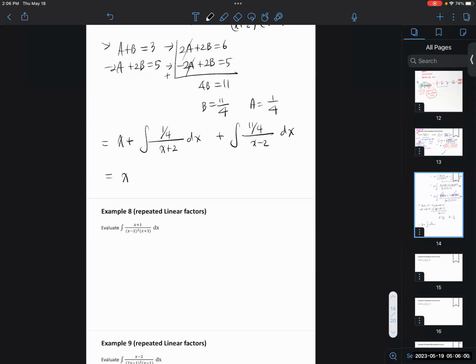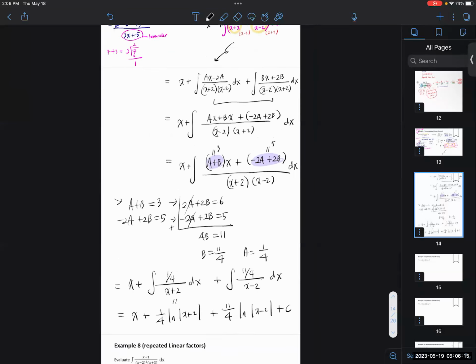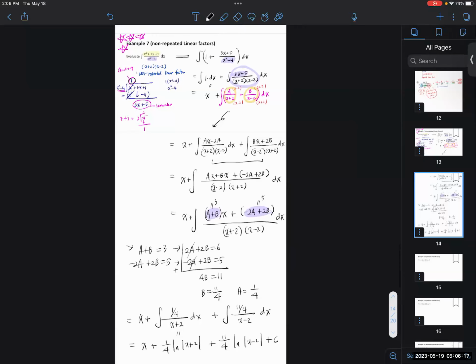So again, x plus, this is 1 over 4 ln|x plus 2|, plus 11 over 4 ln|x minus 2|, plus c. Woohoo, we got it. I know it's a little bit of work.